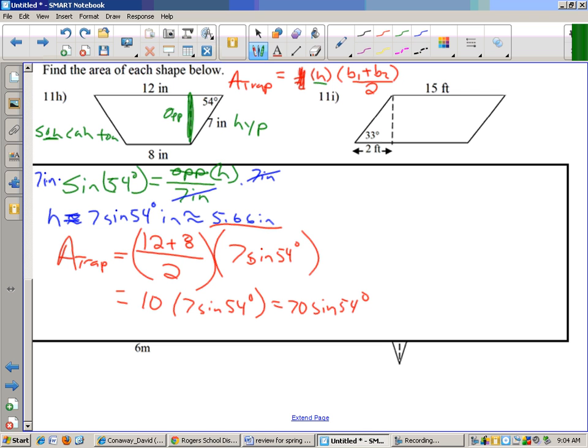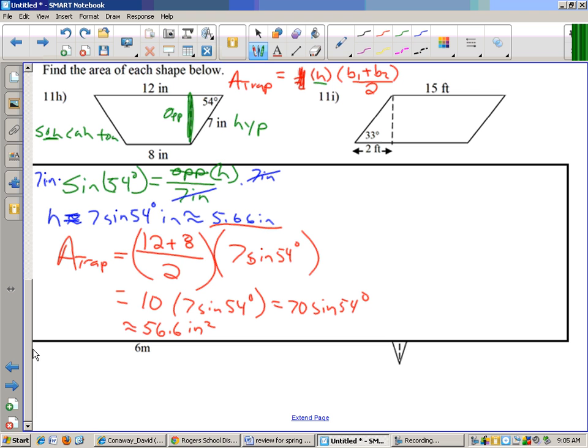So is that going to be 56.6? Put in your calculator. 70 sine 54. See if that's 56.6. Anybody going to corroborate my story?